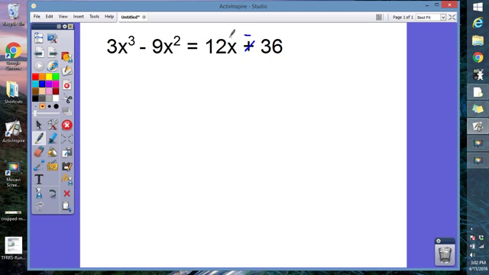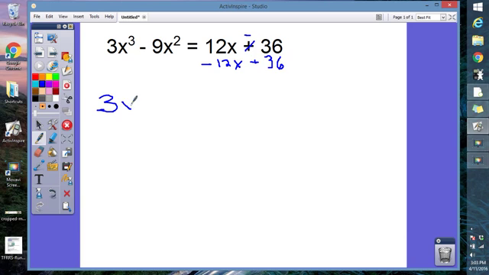We're going to set everything equal to 0. So we would subtract 12x from this side. We're also going to add 36 to this side. Whatever we do to the right-hand side, we have to do to our left-hand side, so we're going to balance our equation.